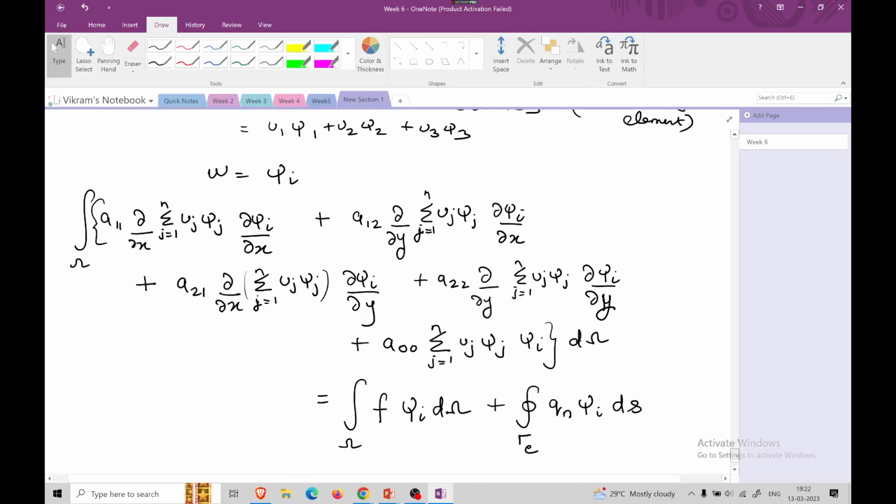So what I am going to do here, you can say uj psi j. So my uj I can take out of this entire summation. This thing is common for all these terms. And this uj is not going to be dependent on x or y because it's a nodal value. So these are all constants.